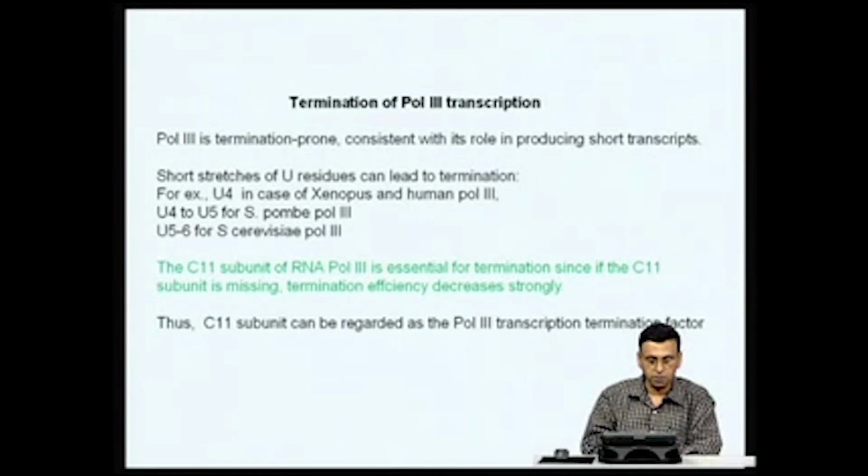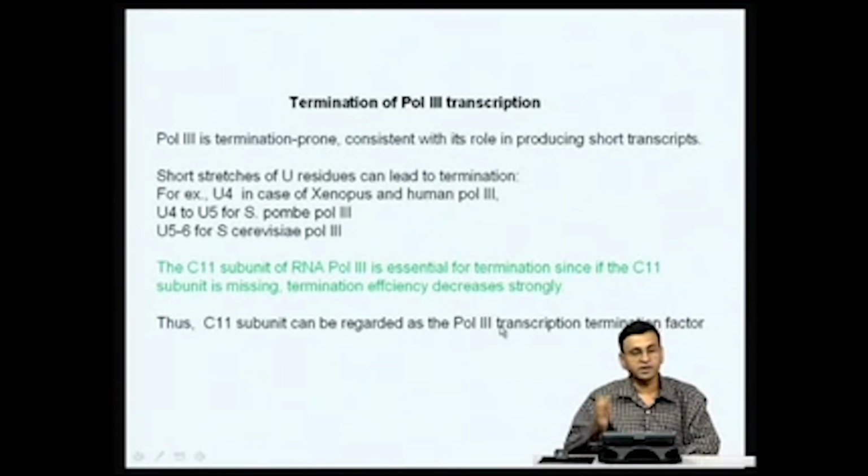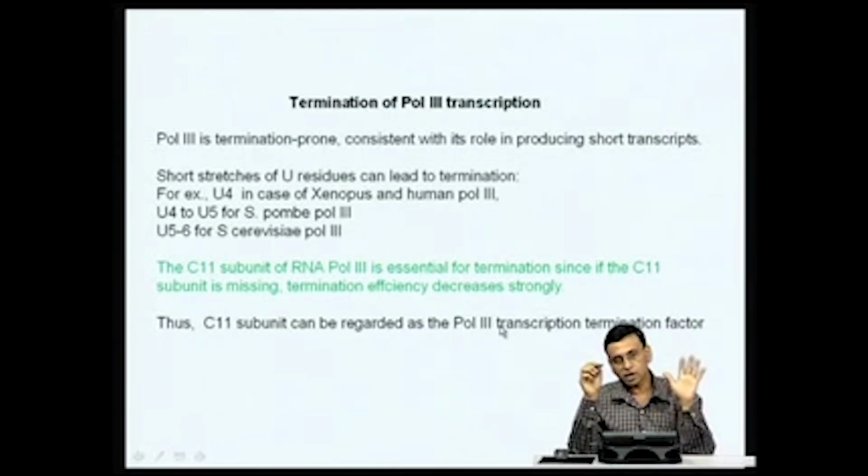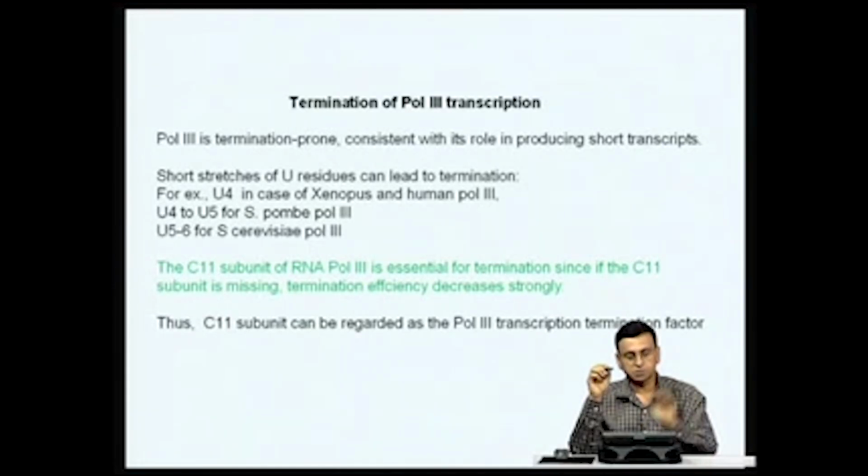And it turns out, of the various subunits of RNA polymerase III which we discussed earlier, the C11 subunit is actually essential for the termination, since if the C11 subunit is deleted or mutated, the termination efficiency decreases strongly. So, of the various RNA polymerase III subunits, about 15 or so, the C11 subunit is responsible for transcription termination.